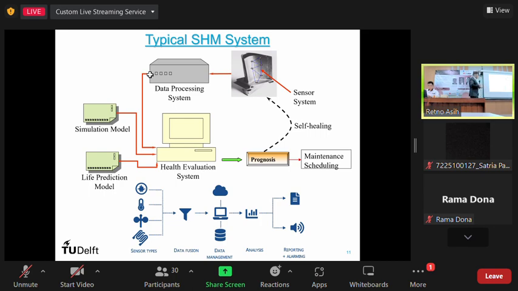You have different types of sensors, such as strain gauges, temperature sensors, humidity sensors, and many others, which I'm going to briefly talk about. And you have the data that is fused or gathered together, the data management system, the analysis, and the reporting and alarming. So at the end you make the decisions.